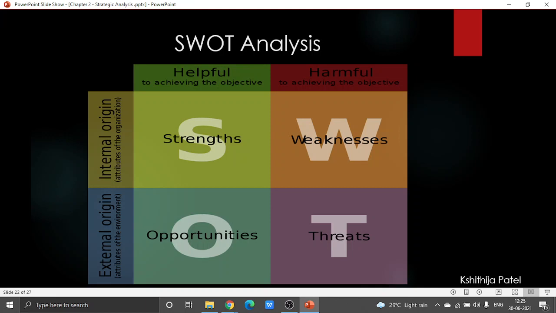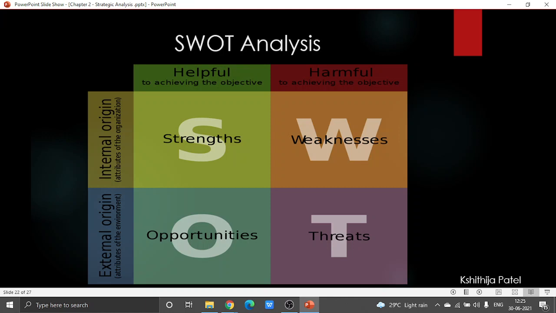SWOT, or environmental analysis, is a process which enables any business organization to analyze and examine its environment to find out all the existing opportunities and threats that may affect its business. It is one of the best processes of studying the environment before taking decisions and formulating strategies.